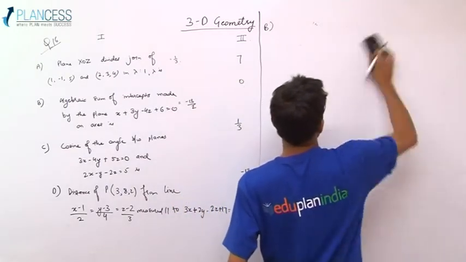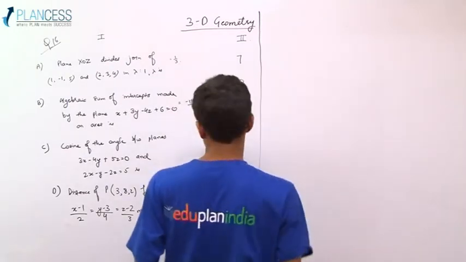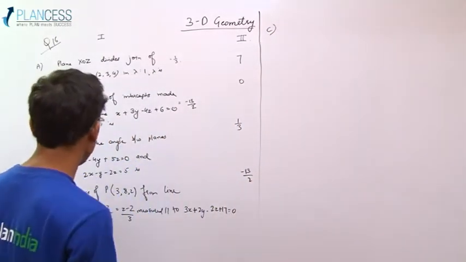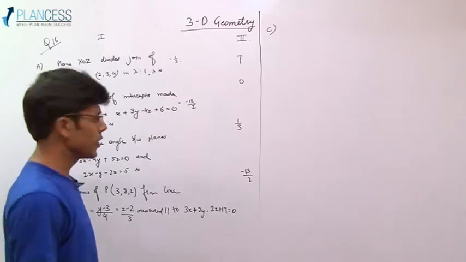So now let's see the C part. Cosine of the angle between the planes. The angle between the planes is the angle between their normals.